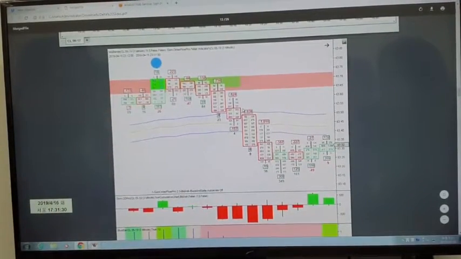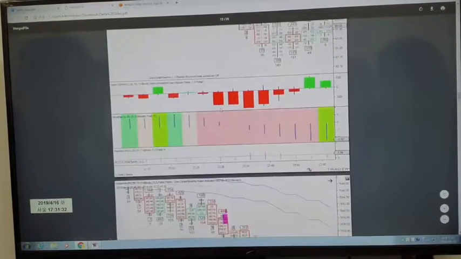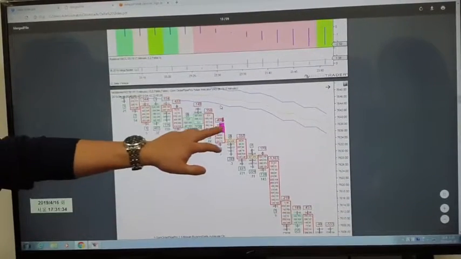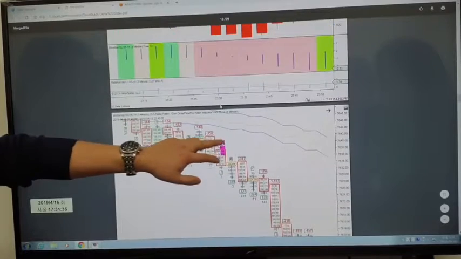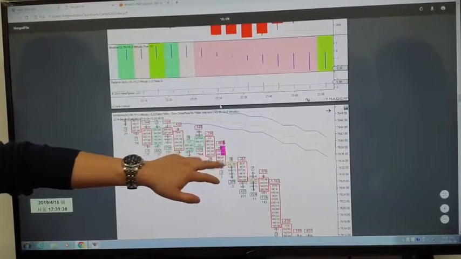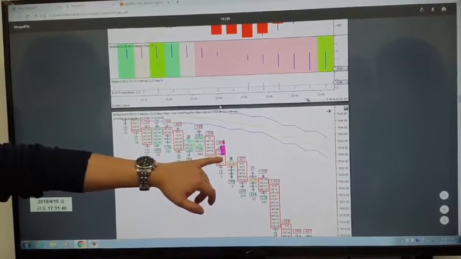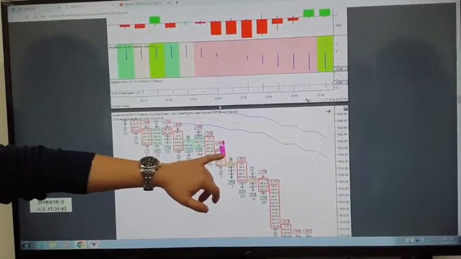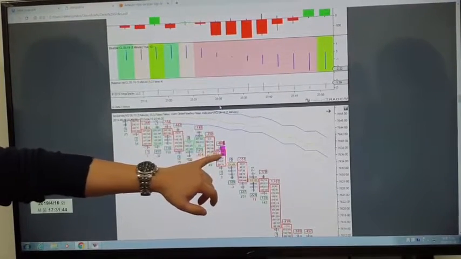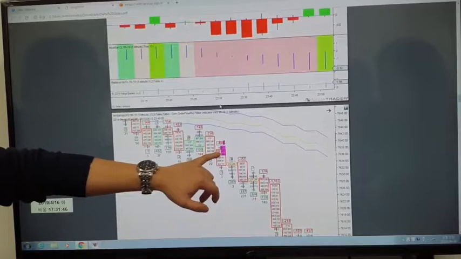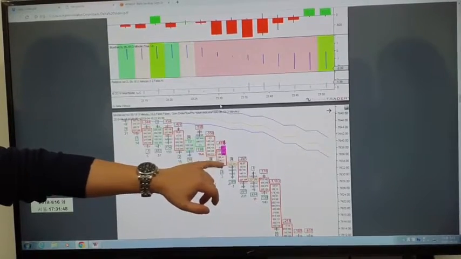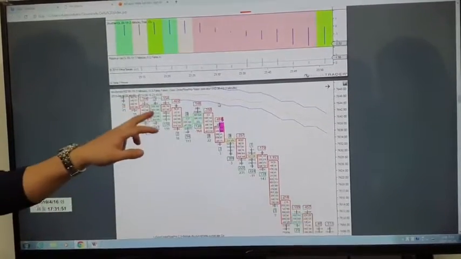So I was trying to short there. Same thing here. This is an automatically generated signal. It's saying there's a decreased number of buying, and here's a big imbalance of selling on this one. This is also from last night.